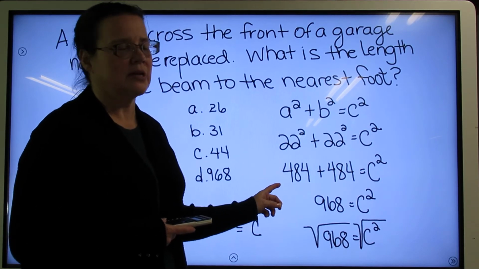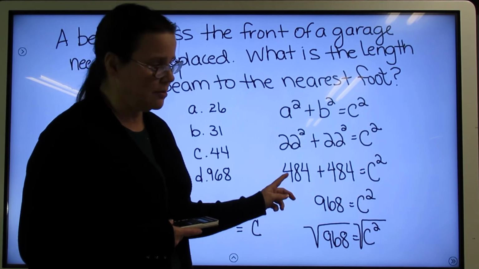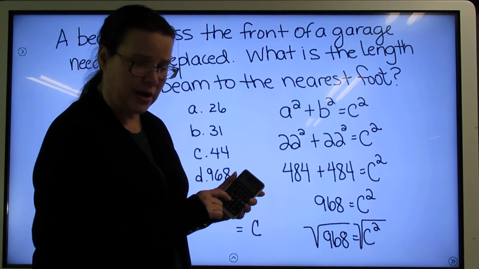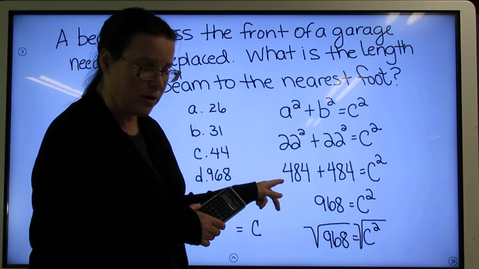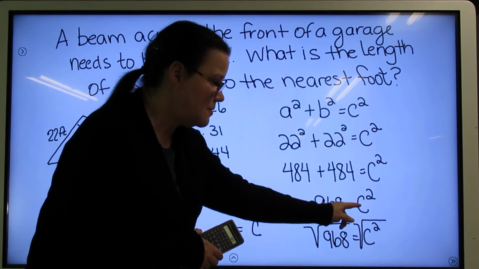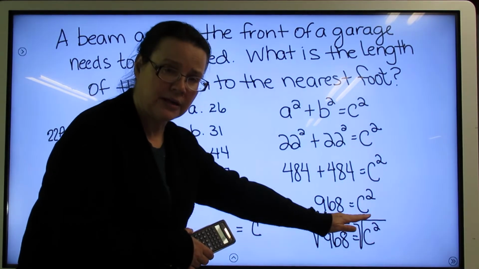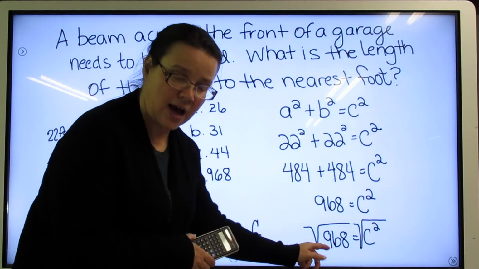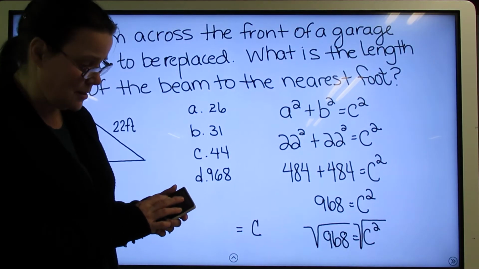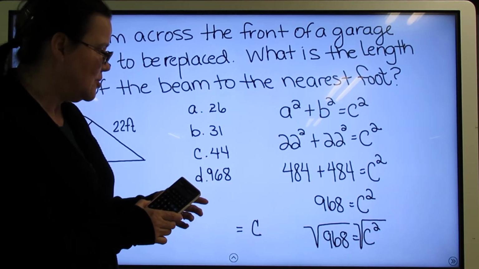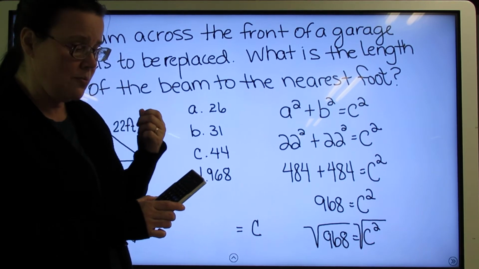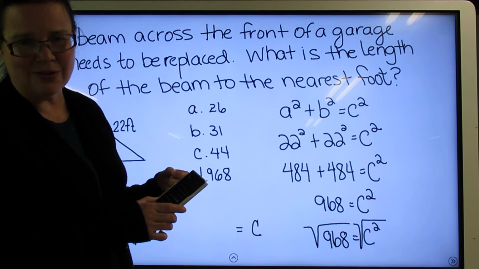They're big numbers. I get that. But you know how to get these numbers on here. 22 squared would give you the 484. Then you add those two, you get the 968. And then you have the C squared, and you put your brakes on, and you square root each side. And then you do 968 shift x squared. It's going to give you 31.1126987.